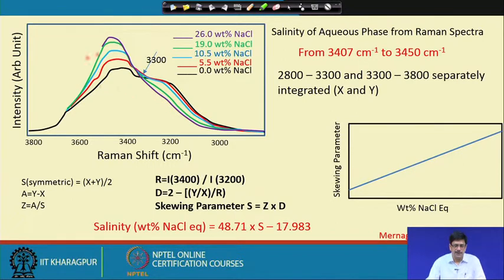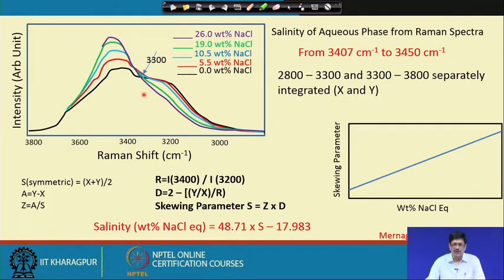We know that water will have its peak because of the OH stretching, the molecular vibration in the O and H. The diagram here shows the first black line corresponding to pure water, which is 0 weight percent NaCl, and the red, blue, green and purple curves are representative of the aqueous liquid at 5.5, 10.5, 19 and 26 weight percent successively. As you could see here, the peak center position seems to be shifting towards higher wave number with increasing weight percent of salinity.